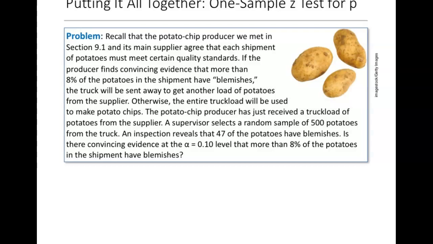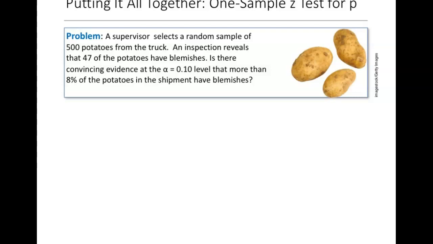And we're going to do this at the alpha equals 0.1 level. So we have a sample size of 500 potatoes, and 47 of them have blemishes. We need to send back the truckload of potatoes if more than 8% are blemished.